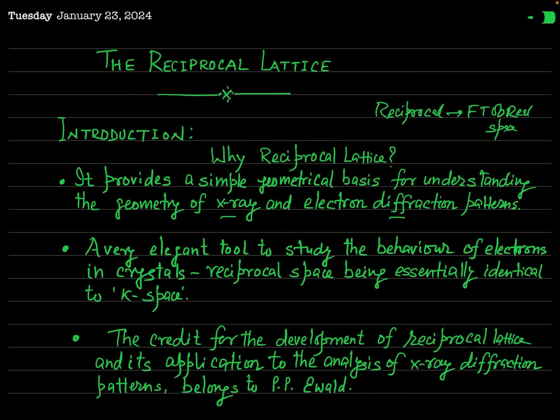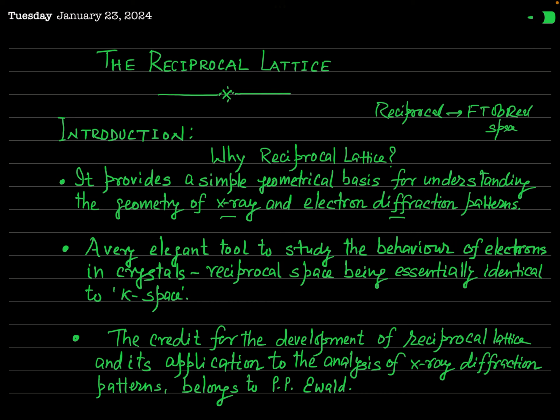So first of all, we will see why we need the study of reciprocal lattice. The applications of this reciprocal lattice in the study of solid state physics are many. You will see later on in my consequent lectures the idea of the Brillouin zone.